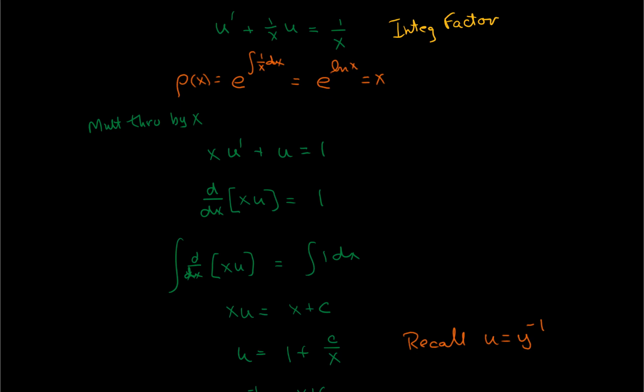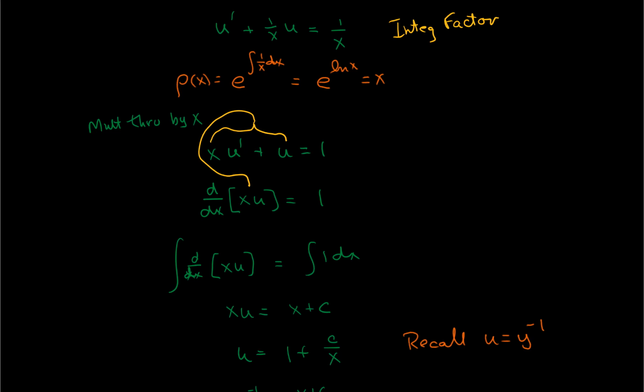Okay, so what do I do with this x, my integration factor? I take this equation at the top, multiply everything by that integration factor, and that's going to give me x u prime plus u equals 1. On the left-hand side, this is really the result of the product rule applied to u times x or x times u, whichever way you want to list that.